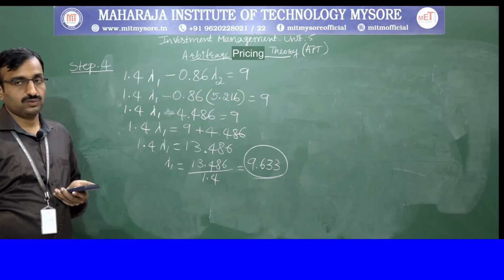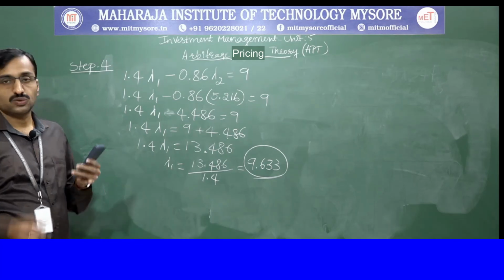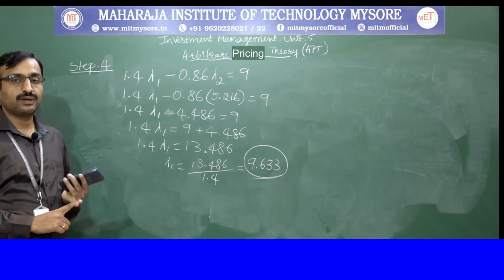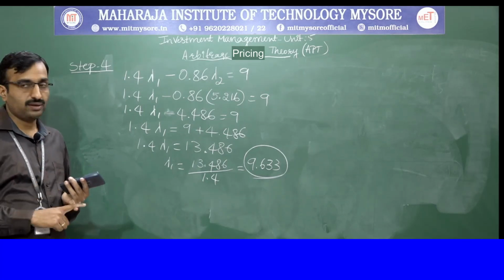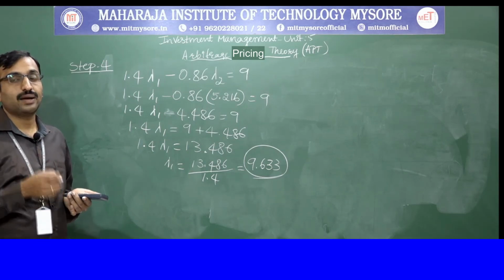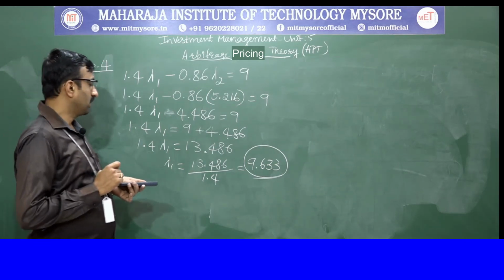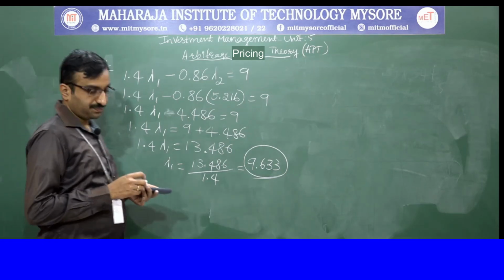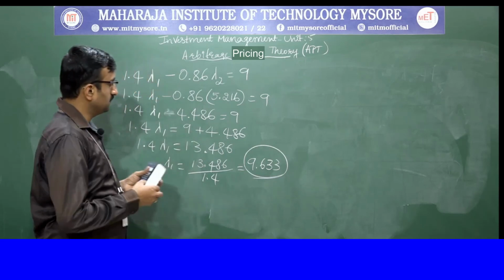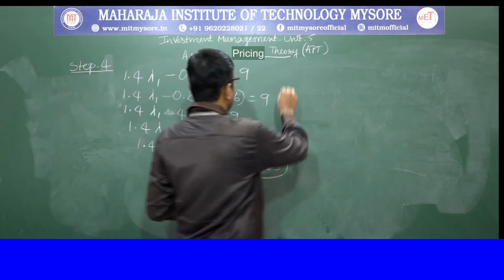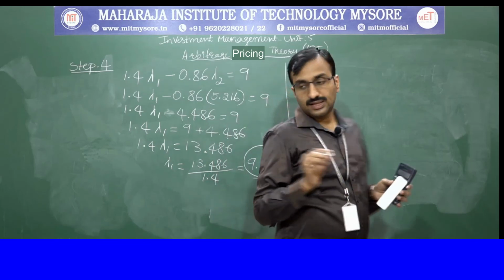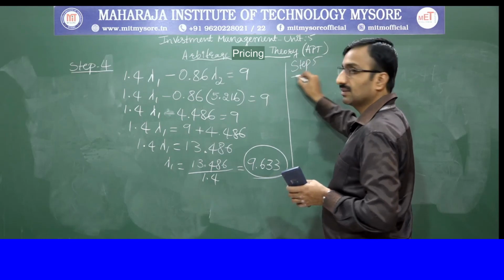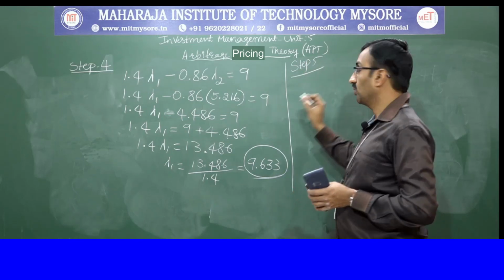Hope you understood. Next, the last step. Based on the given data, we have found the missing figures of lambda 2 and lambda 1. Moving on to finding the lambda naught, we have not found the lambda naught. The last one, step 5, we will be finding the lambda naught.